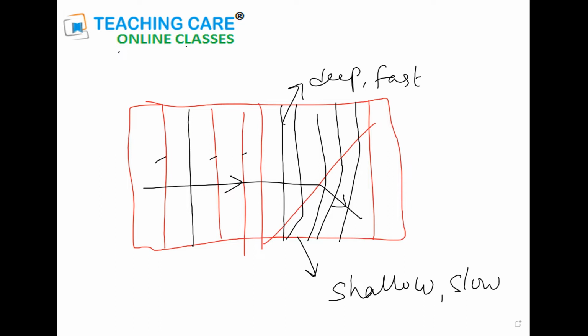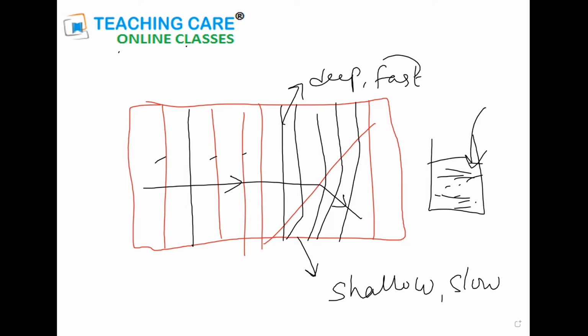So what it is showing is that when the water was deep enough, at that time the ripples were moving fast. Why are the ripples moving fast? Because the medium is not changing. That is why the speed of light will be more in the deeper water.